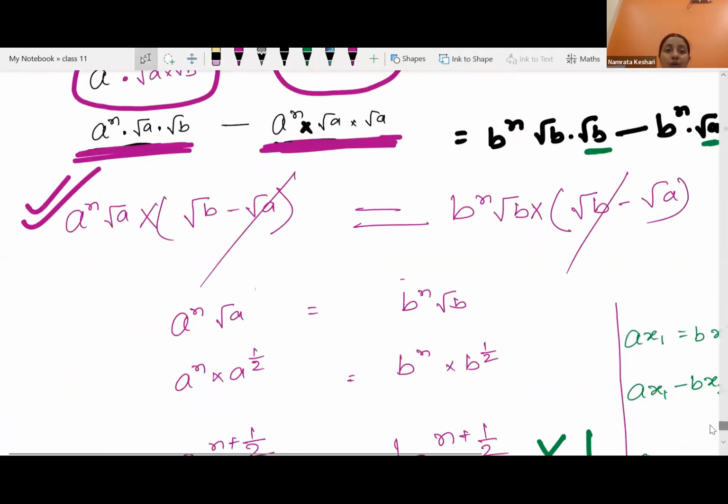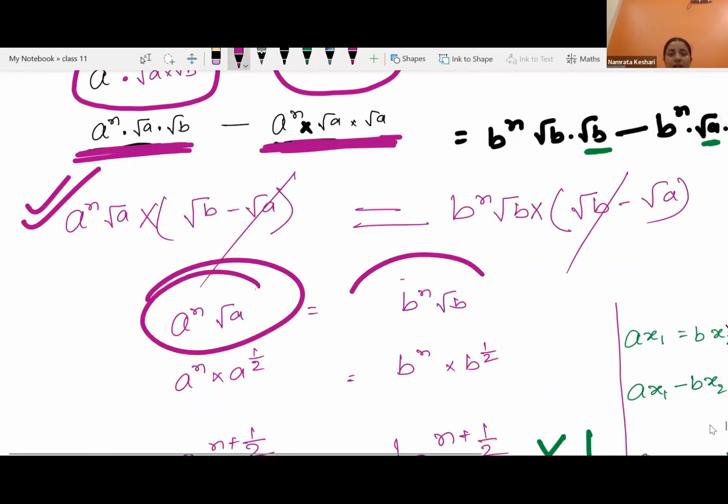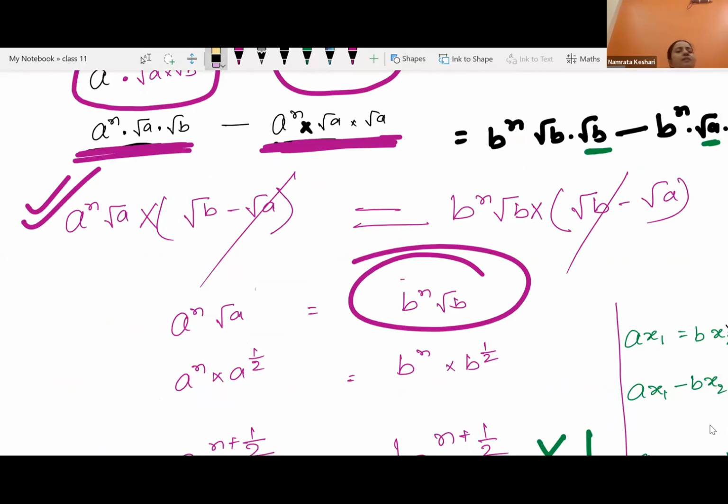Now we are thinking what to do with this a to the power n root a and b to the power n root b. Let's add the powers. Law of exponent says that when the bases are same, then you can add the powers. Since no simplification is possible now, we have just written them in compact form.